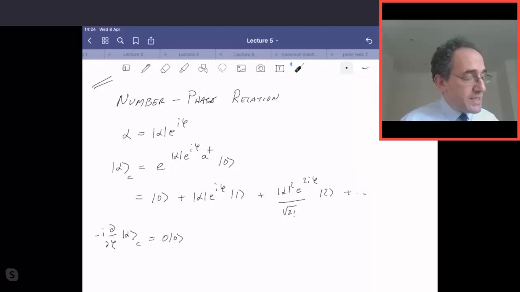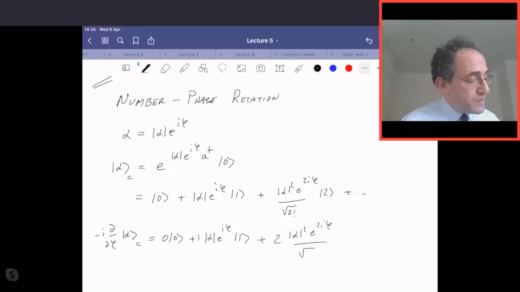But when you differentiate the next term and multiply by the minus i, this one brings down i, multiplied by minus i, that gives you exactly 1. So we get plus 1 times alpha e to the i phi on the 1 state. And when we do the same thing here, this will now bring down a 2. So we get 2 times alpha squared e to the 2i phi over square root of 2 factorial on the 2 state plus and so on.